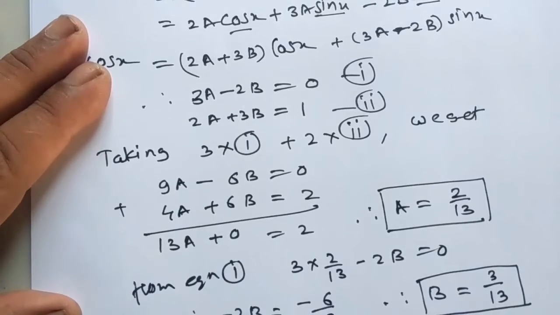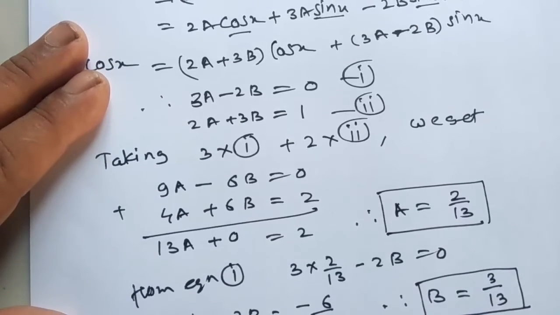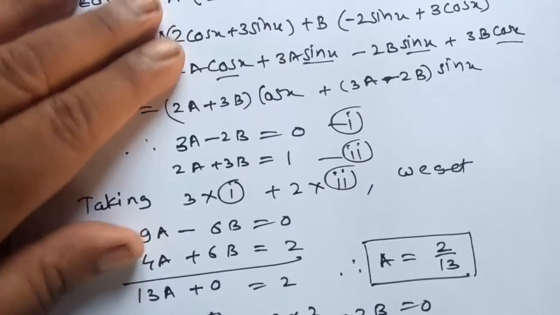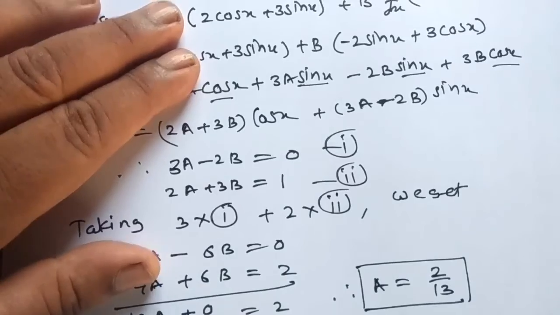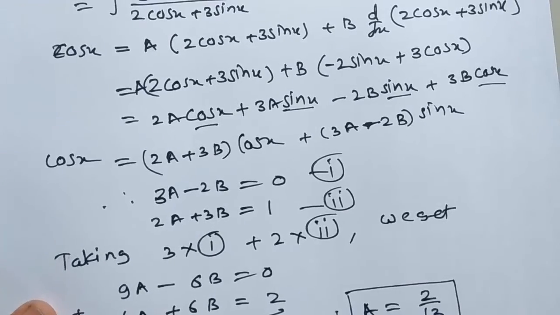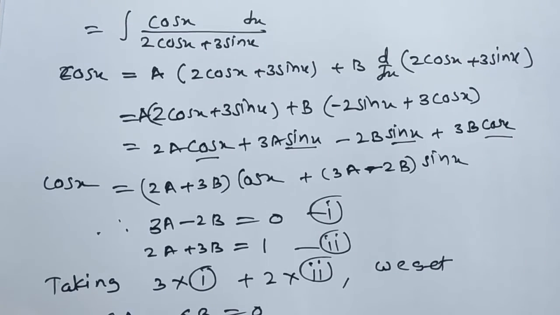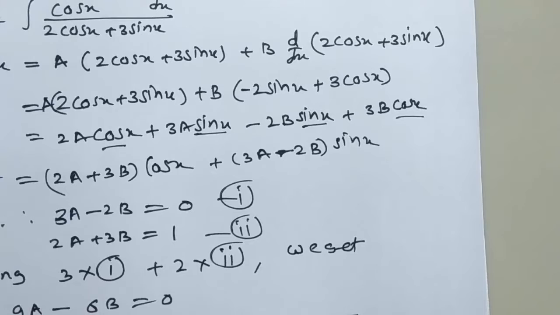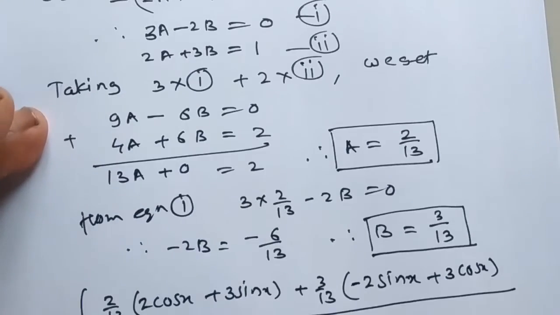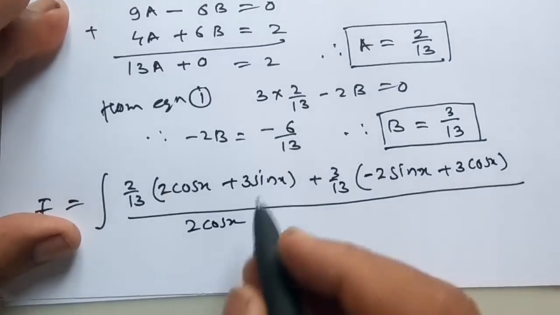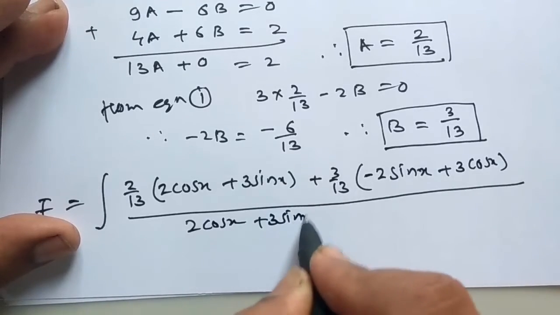Therefore I becomes the integration of 2 upon 13 into the denominator, 2 cos x plus 3 sin x, and plus 3 upon 13 into the derivative, that is minus 2 sin x plus 3 cos x, upon 2 cos x plus 3 sin x dx.